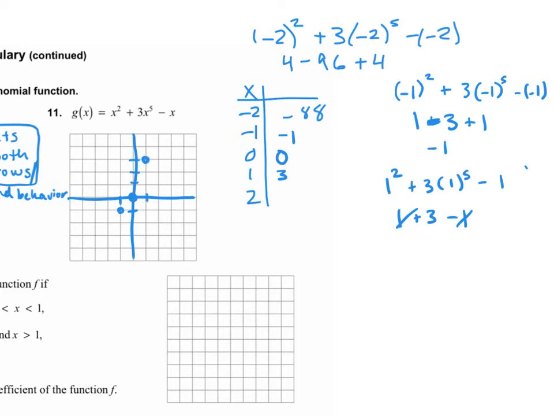And then we plug in 2. 2 is going to be off the charts too, but you can go ahead and plug it in. So we have 2 squared plus 3 times 2 to the 5th power minus 2. So 4 plus 96 minus 2. So this is 98.